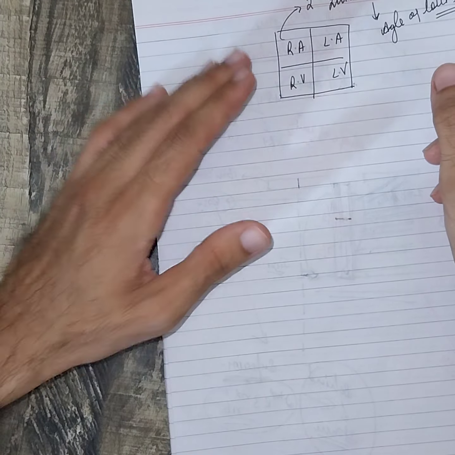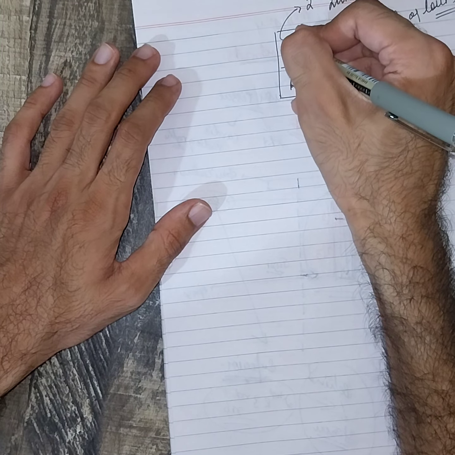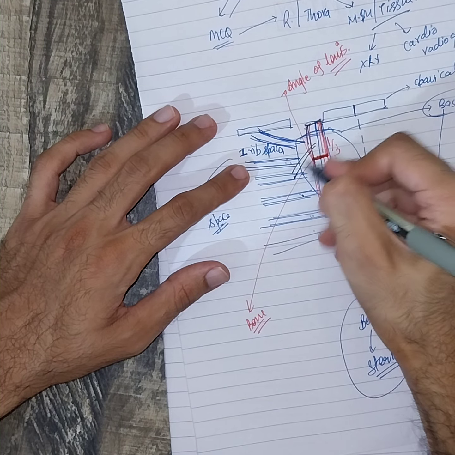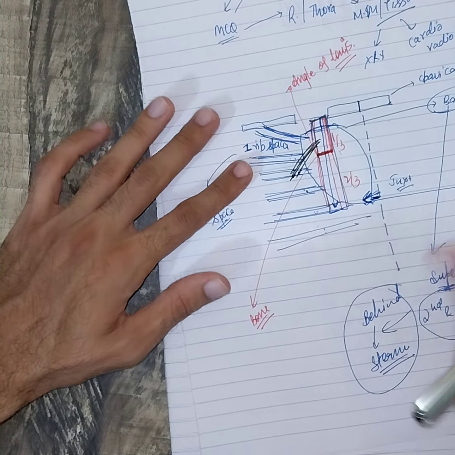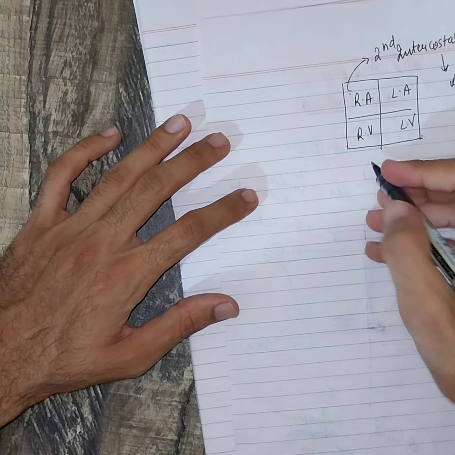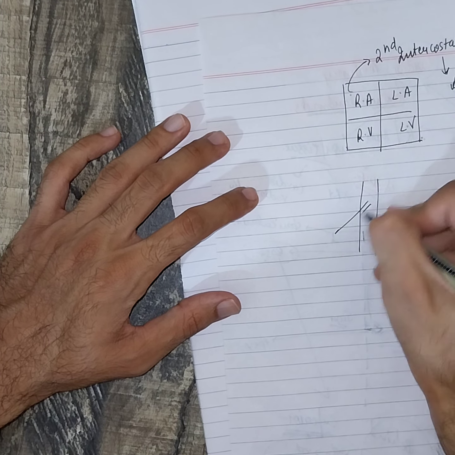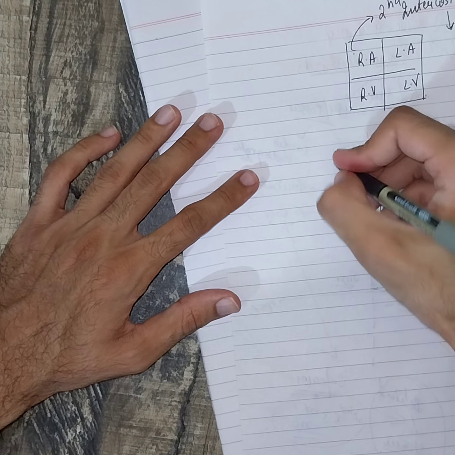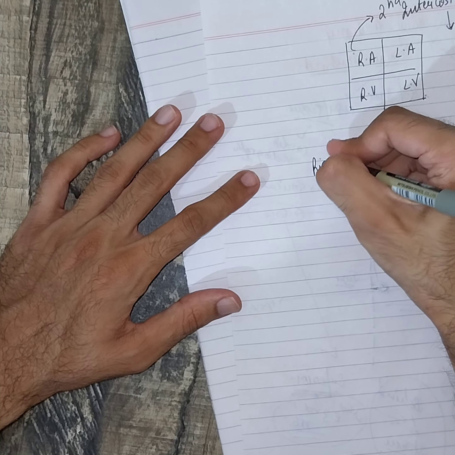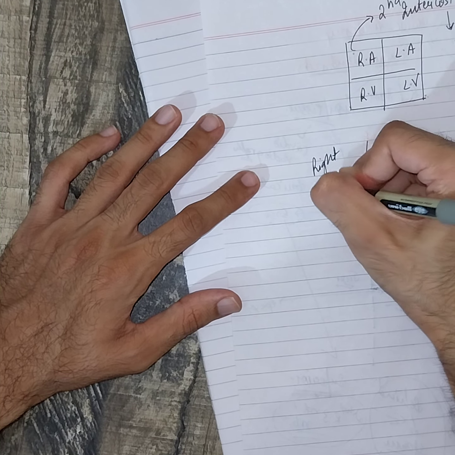From that particular area of the angle of Lewis, if I go on the right side of it, it is termed the right aortic area.